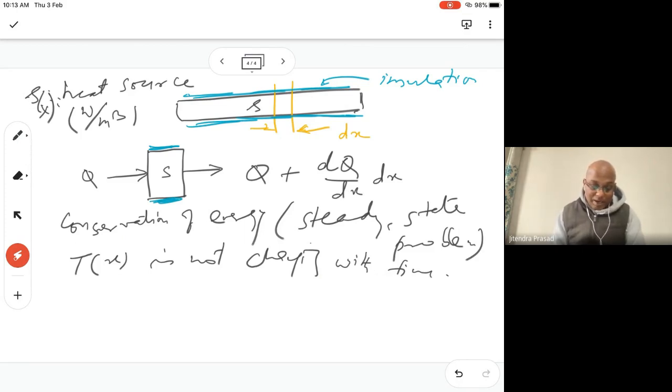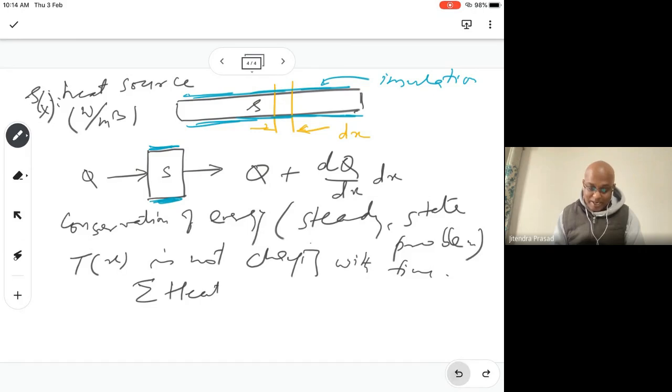Okay. Now, looking at this equation, what do we get? Total heat is conserved, right? So whatever comes has to go. That really means total heat coming to the system is equal to total heat leaving, or you say there is no increase of heat.